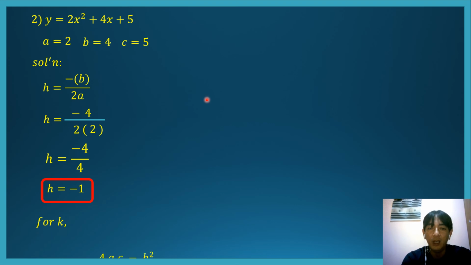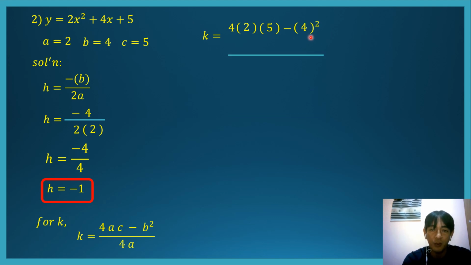So, solving for k, gamitin natin muna yung formula. K is equal to 4ac minus b squared all over 4a. Substituting the given value. So, k is equal to 4. Ang a natin ay 2. Ang c natin is 5 minus b squared. So, 4 squared over 2 times the a.